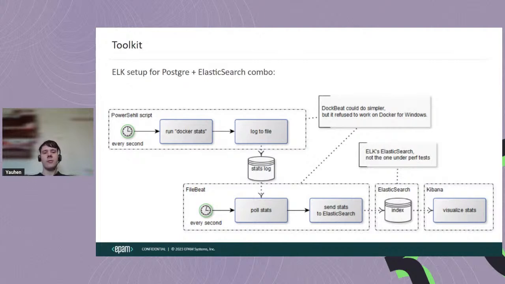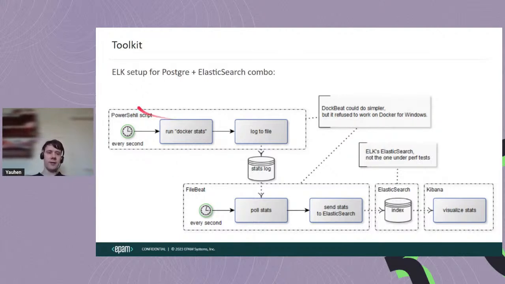And if we talk about hardware monitoring, I had to use two different setups: one for the case when I tested Postgres and Elasticsearch, and another one for testing Neo4j. That's because I used Docker to run Postgres and Elasticsearch, but Neo4j Desktop imposes that I have a real top-level process with Neo4j.